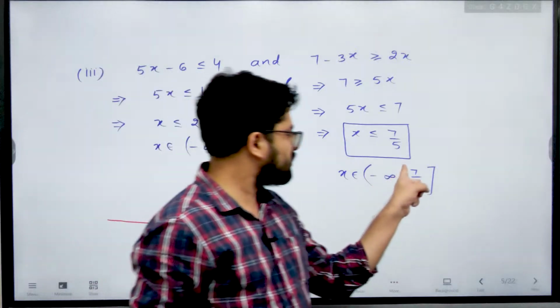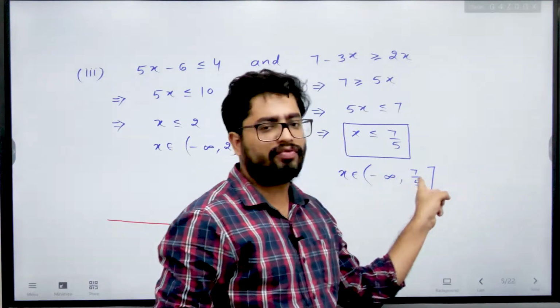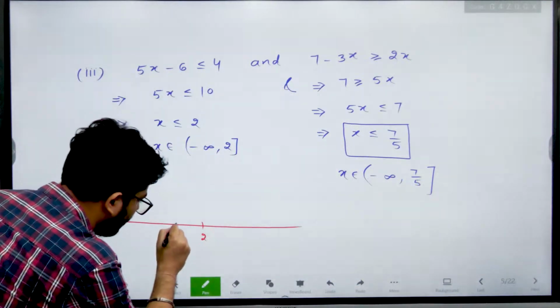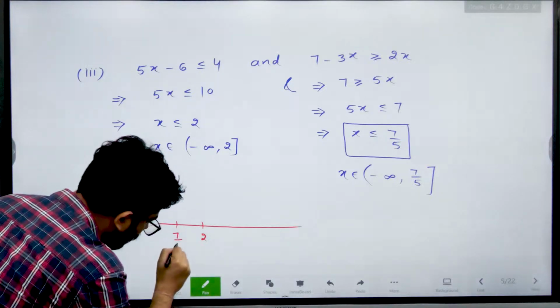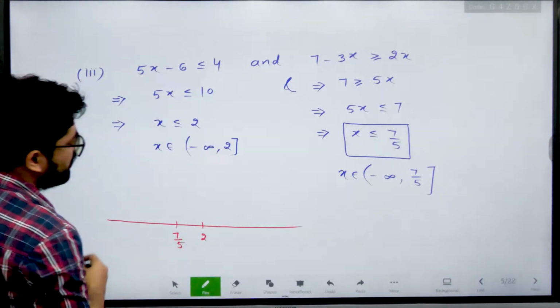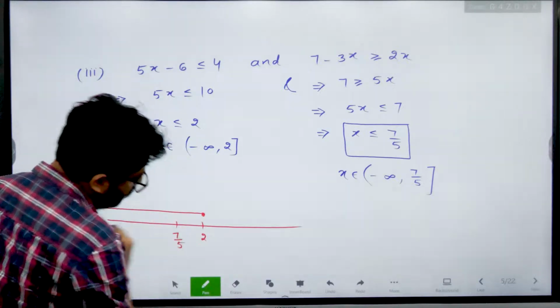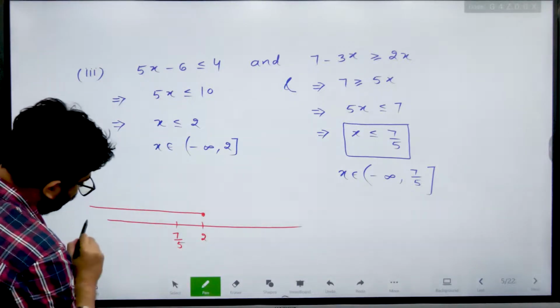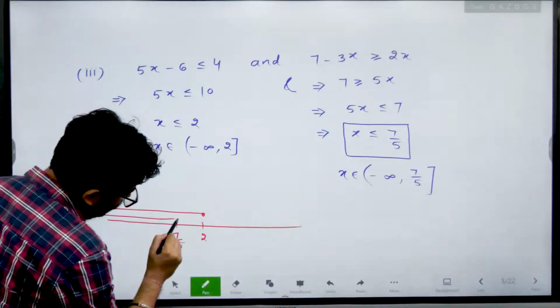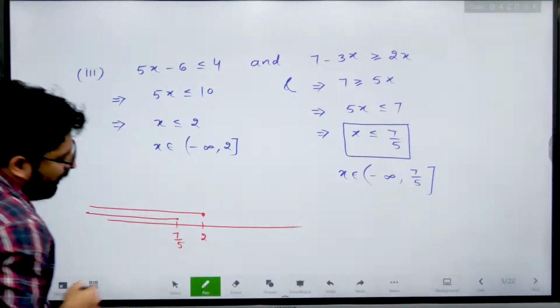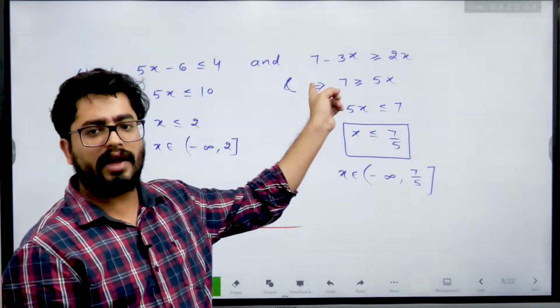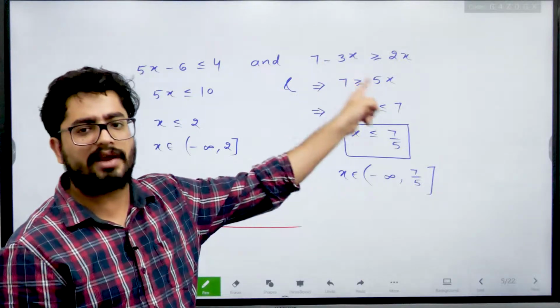That is 1.4, so 7 by 5 is somewhere here. The first one says minus infinity to 2 closed, and the second says minus infinity to 7 by 5. The condition is that you have to find x which satisfies both conditions simultaneously.